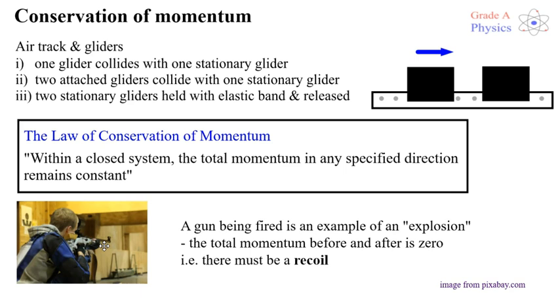If any of you have experienced this, the guidance is you need to hold on to the rifle or the shotgun really tight, hold it into your chest and lean into it, because you're going to get a kickback. You're going to get the recoil. Very often films and movies show this in a very bad way, and don't show this as an issue. So the recoil is an example of conservation of momentum.